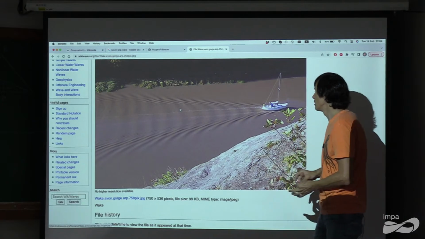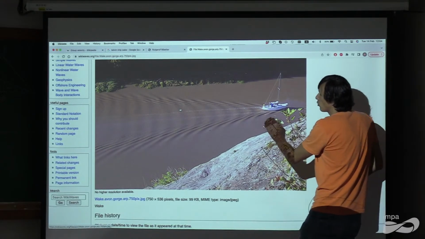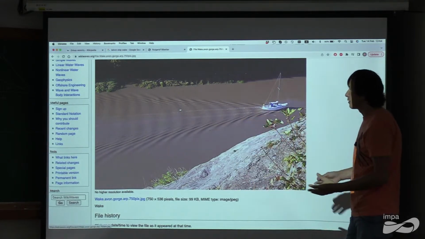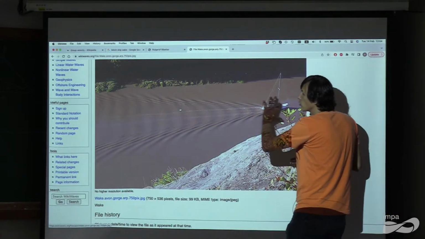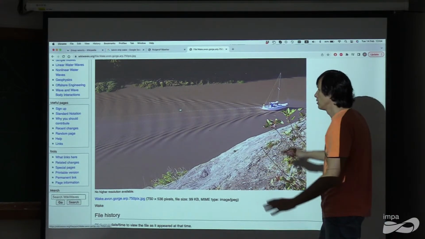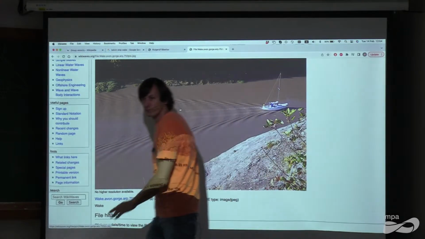So sometimes the intensity is such that you only see these waves. Sometimes you only see these waves. But in general, all of them exist, just some of them are stronger, some of them are weaker, but with exactly the same geometry.